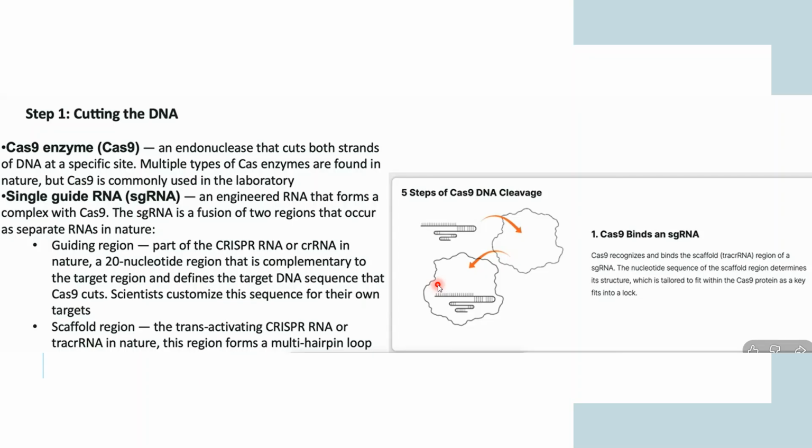This is how it works. Cas9 recognizes and binds the scaffold region of sgRNA, and the nucleotide sequence of the scaffold region determines its structure, which is tailored to fit within the Cas9 protein as a key fits in a lock. So this is how a key fits into the lock. Cas9 binds with sgRNA, known as single guide RNA.